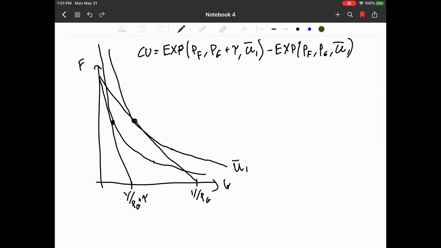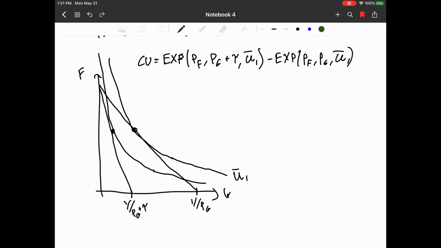Okay, but compensating variation does something that looks like what the Hicksian is doing, where instead of holding income constant, we're holding utility constant, which means we just want a parallel shift. We want to shift this way in the budget constraint until it hits this point.